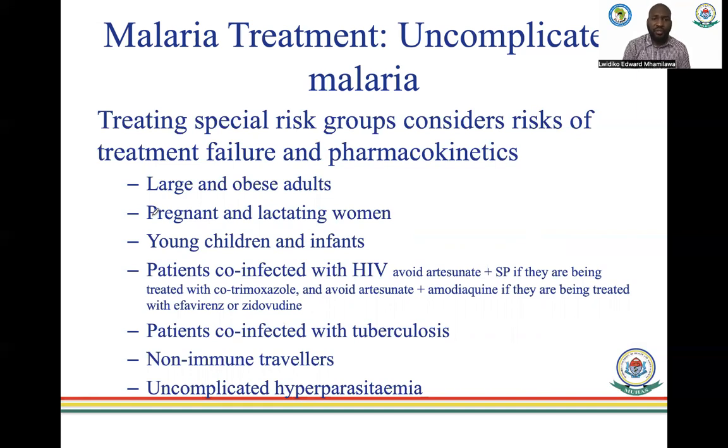Also, for patients with tuberculosis, the treatment would still be the same, although there is potential interaction with the drugs that are given for tuberculosis.